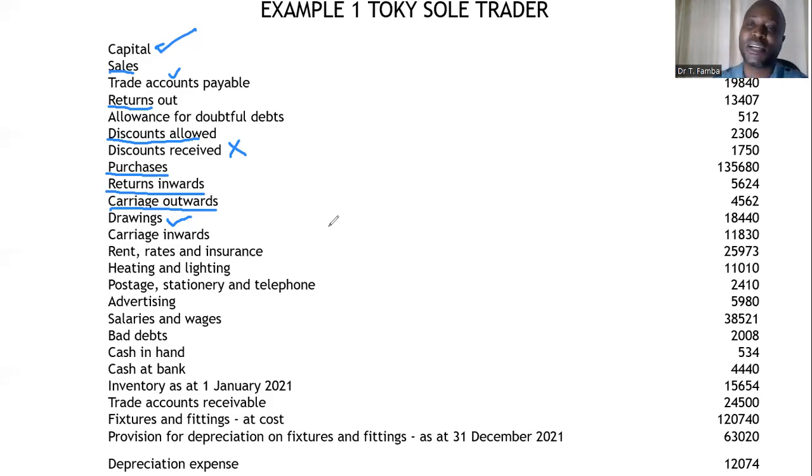So we call those drawings. If it is items, then we have to value how much was taken by the owner, and then we include that in the statement of financial position.